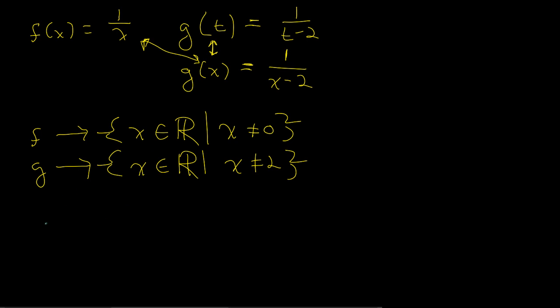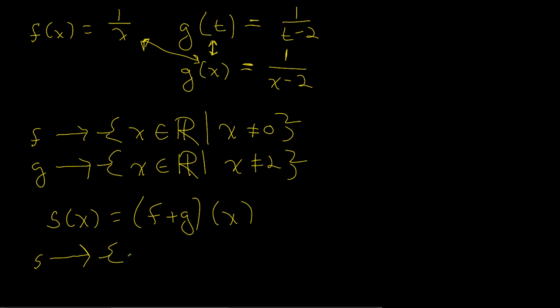So my new function, I'll say the sum, where I combine them together with the sum. Well, S is going to get the domains of both of them. For S to work, x has to be an element of all real numbers.